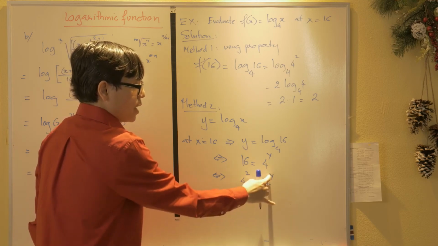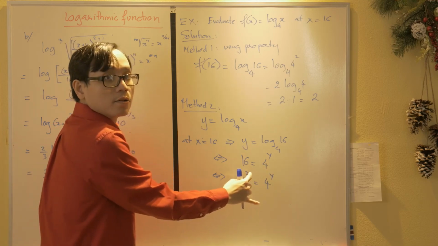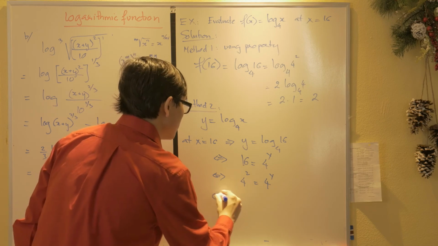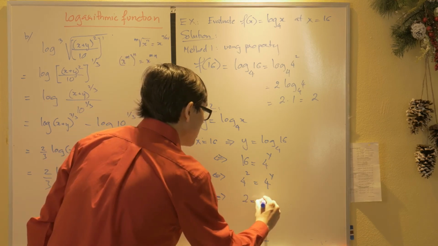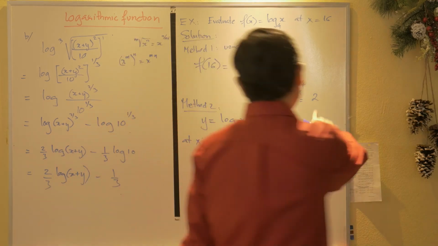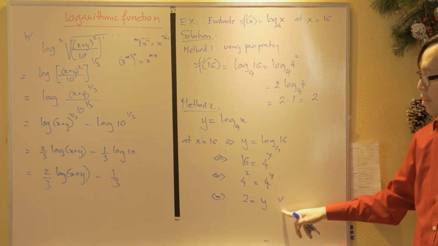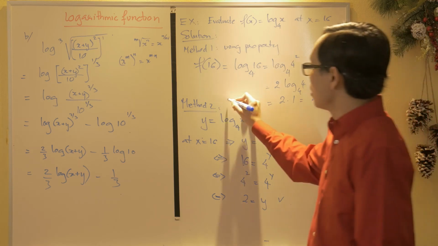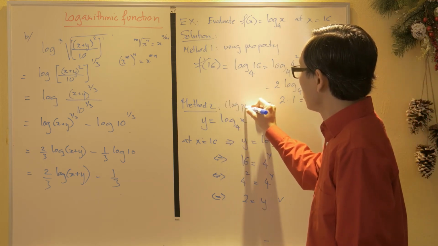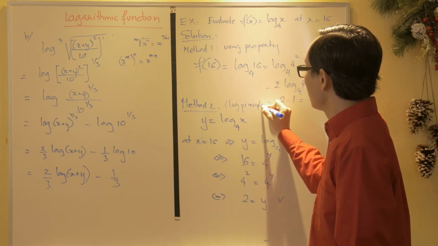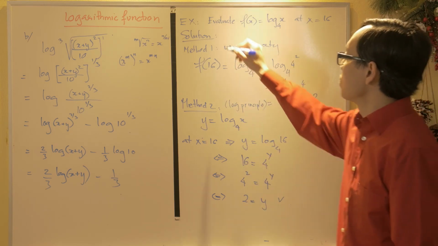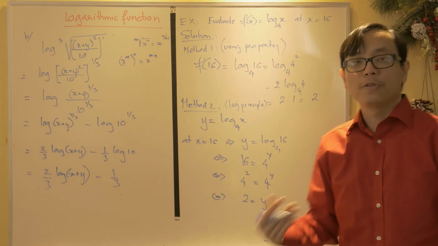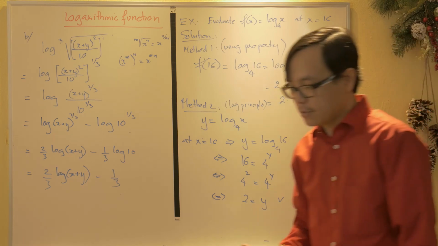If the base is the same, we can set the exponents equal. So 2 equals y. And you see that it's the same. So you can use the log principle, or you can use the property in order to evaluate the log function at a certain value.